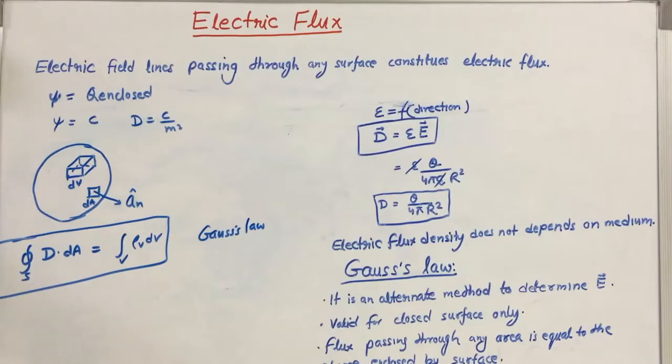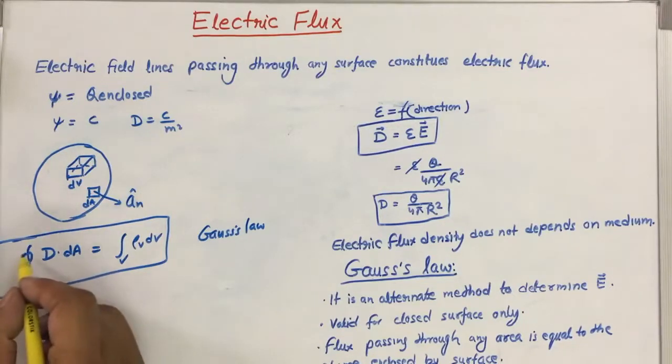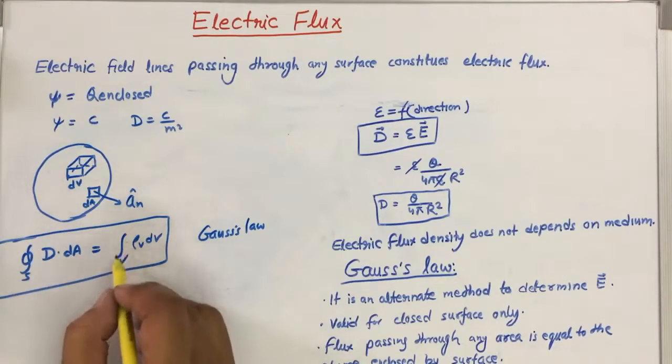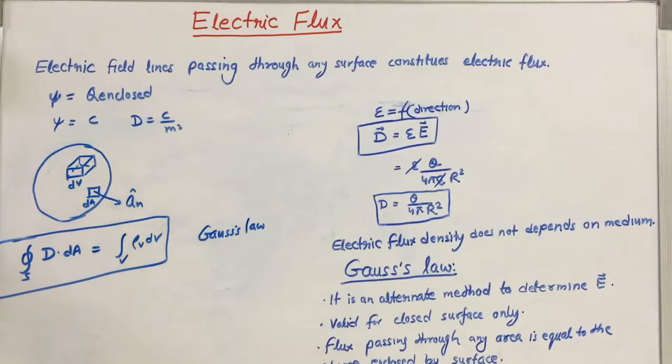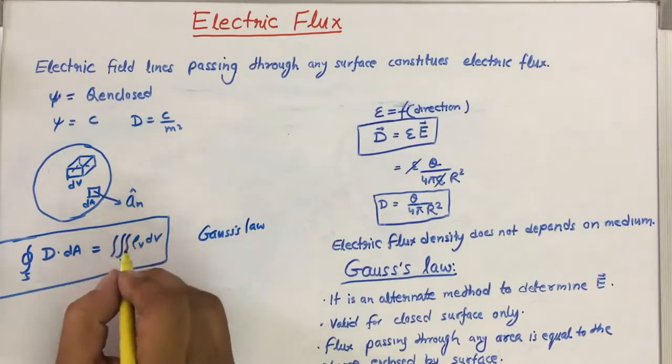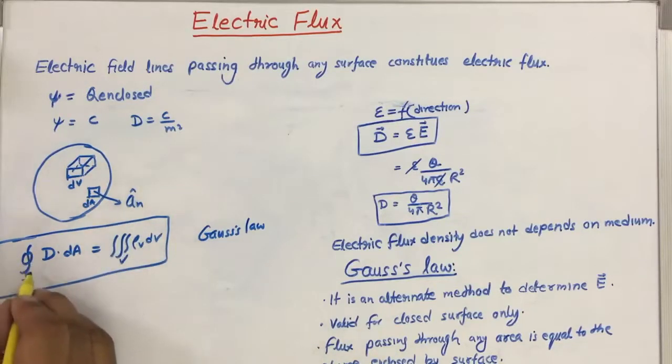Surface integral can be shown by two integrals and volume integral can be shown by three integrals, so keep in mind. Either we can replace it by this, and it can be replaced by a closed surface, so it's okay. This is the Gauss law.